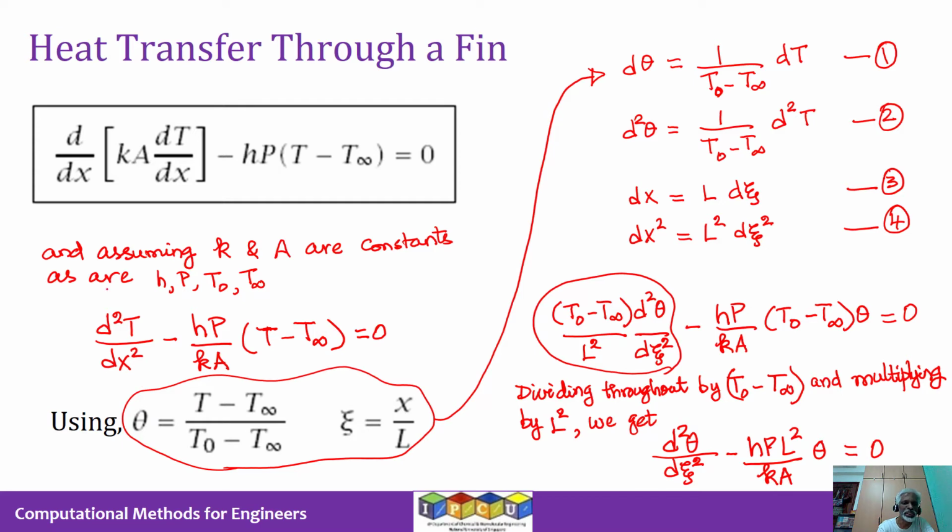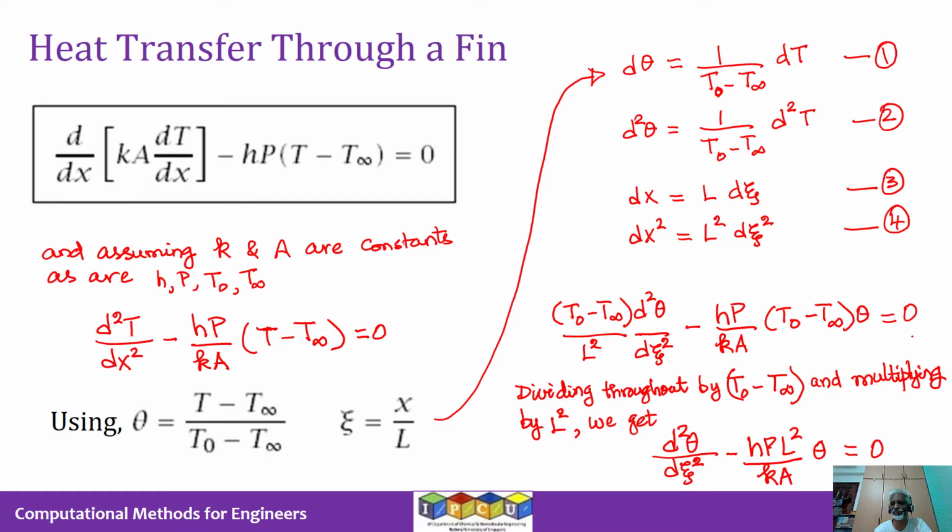Therefore, d2t by dx squared is going to become t naught minus t infinity by L squared d2 theta by d psi squared. And then you have minus hp by ka, and t minus t infinity is going to be t naught minus t infinity multiplied by theta, which is what is written here. So this equation is also justified now.